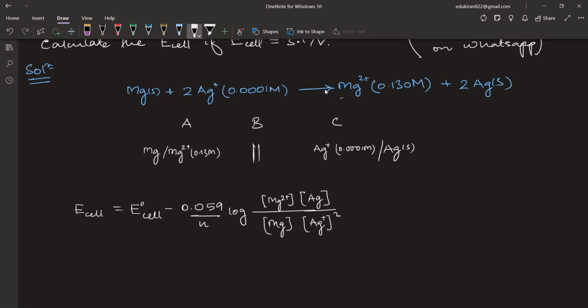But what is this Ag? Silver, na? It is a pure metal. So what will happen to this? It will get converted to 1. Similarly, Mg will get converted to 1. Unity. Correct? Yes, sir. So we will end up with just Mg2 plus and Ag plus square. Please remember Ag plus square hoga. Can all of you see now?